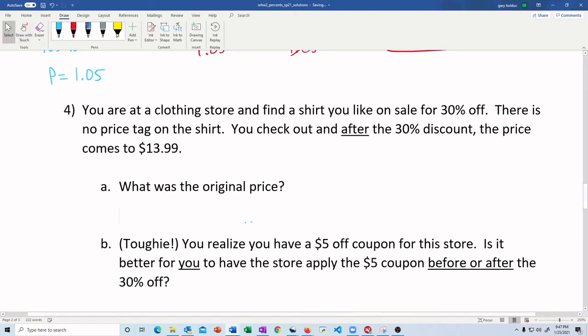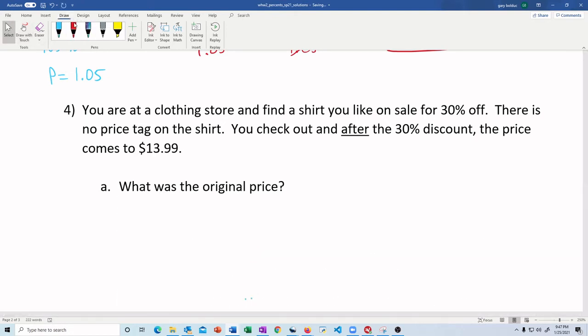All right, so let's give ourselves some room here. This is pretty similar to what we've already done. So a couple things to notice. Discount, right? We're taking the sale. We're doing a sale, right? See that word here? So this is going to be percent decrease. Okay, so it's something to just pick up on. All right, so it says after the 30% discount, the price is $13.99.